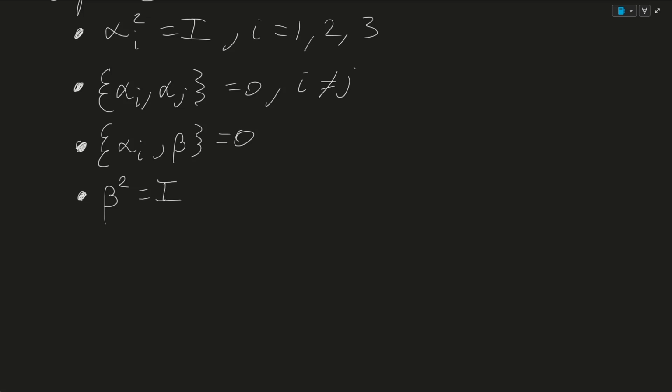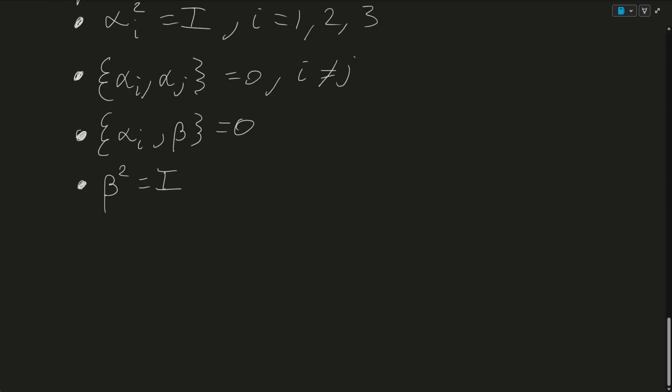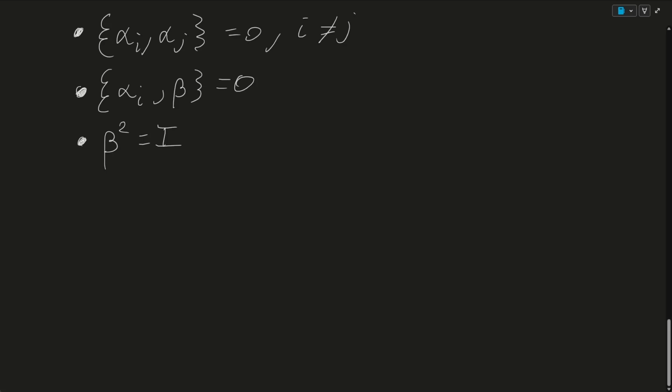What the next part will be now is working out some properties of alpha and beta. What we need to do is the trace analysis. If we consider the trace of alpha sub I, we can use the cyclic property of the trace, and also the property that beta squared is equal to the identity matrix.